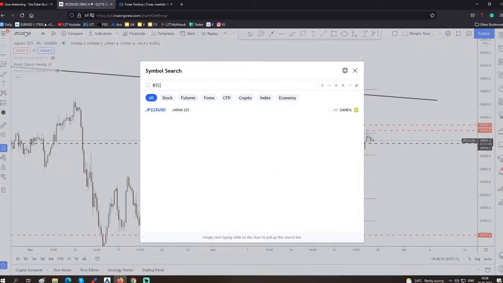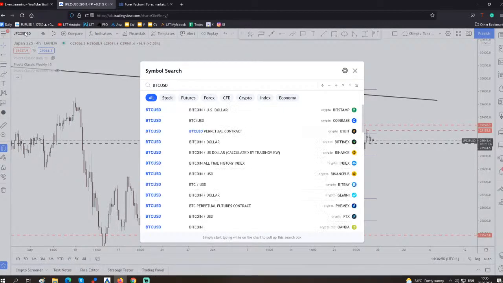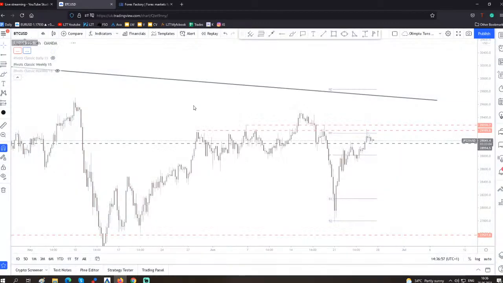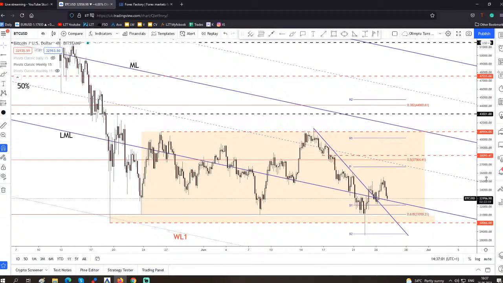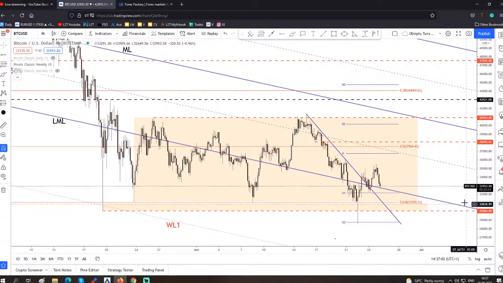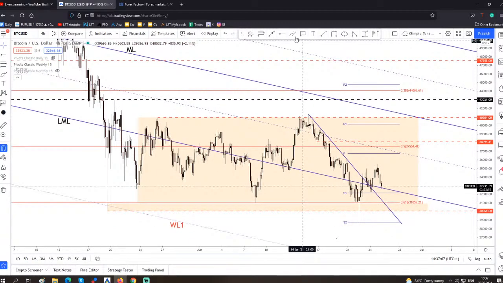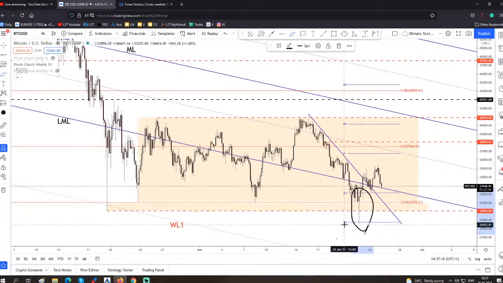So let's take a look again at Bitcoin. Sorry guys. So we have right now a sell-off in Bitcoin, but this could still be only a temporary drop here. So the price of Bitcoin has printed this pin bar, this false breakdown with great separation below 61.8, below 13,066, below S2.